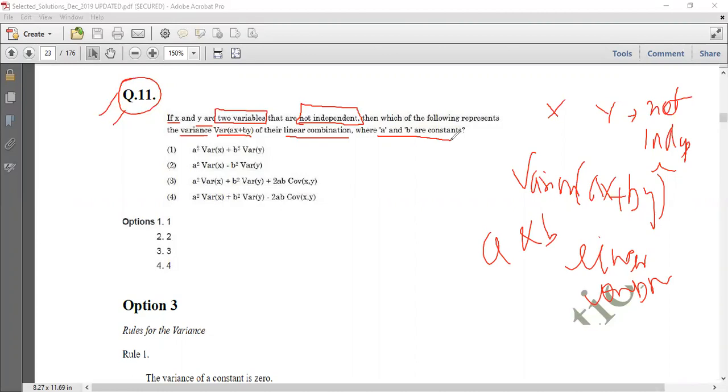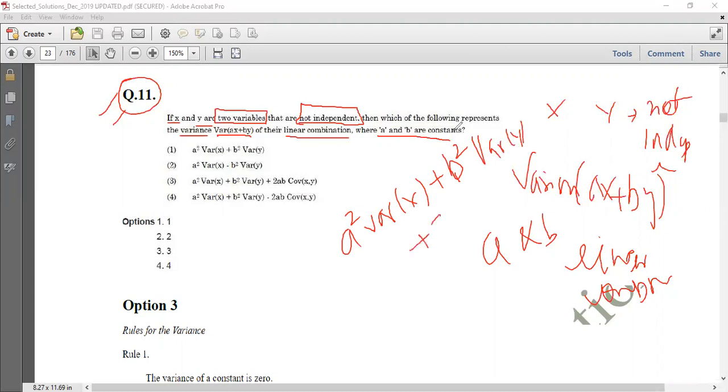Whenever such conditions are there and we have dependent variables, the constant squared will come in front of the variables. So a square variance of x plus b square variance of y, because a and b are constants, so the square of the constant comes in front.